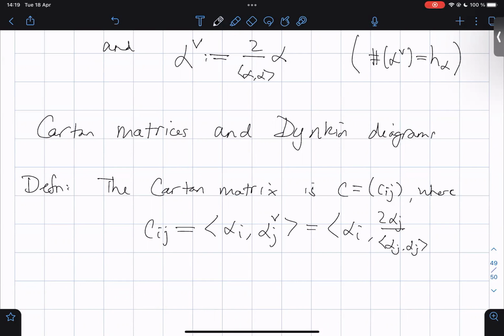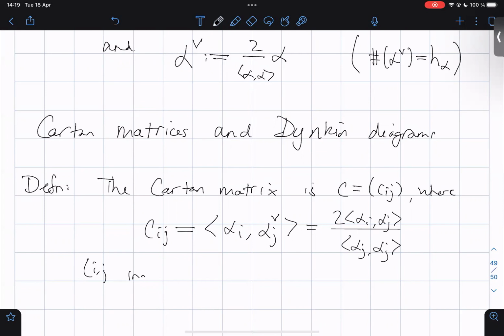This is a little bit messy writing out like that, so we'll pull those factors out: 2 alpha i, alpha j, divided by alpha j, alpha j. These ij indices range over the simple roots.